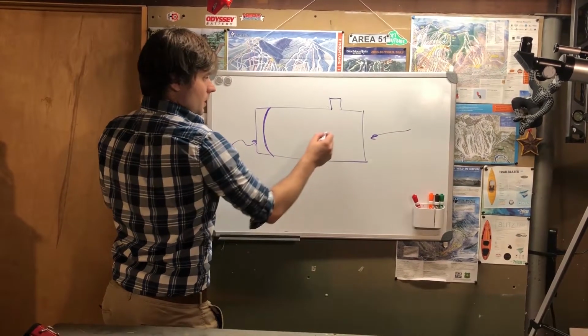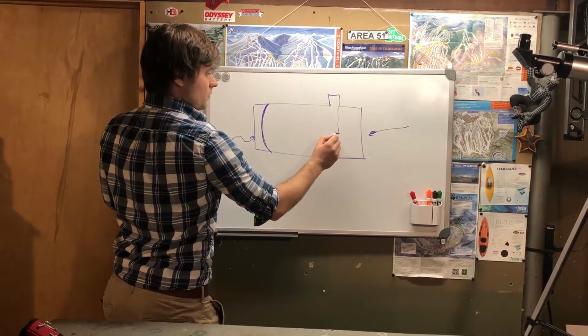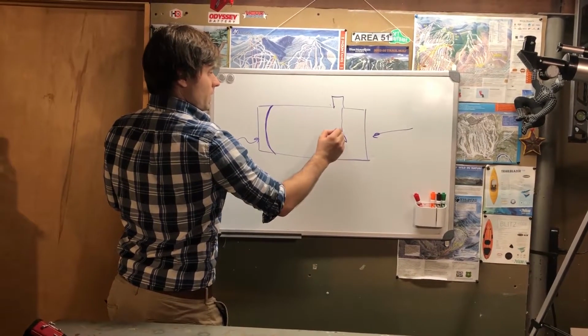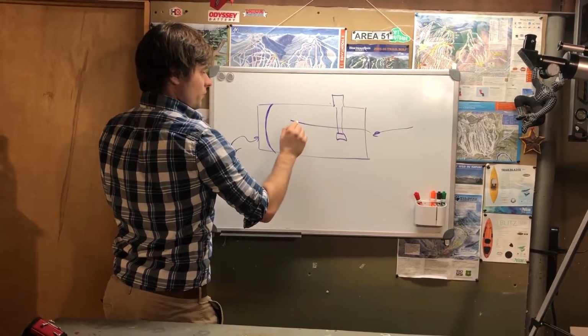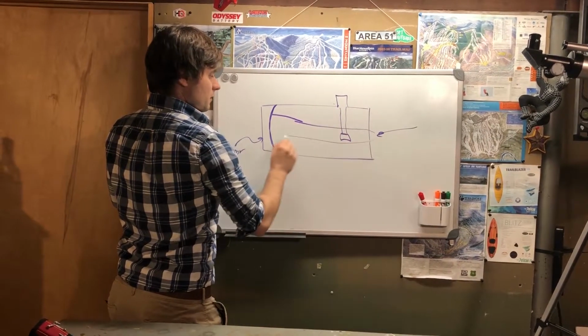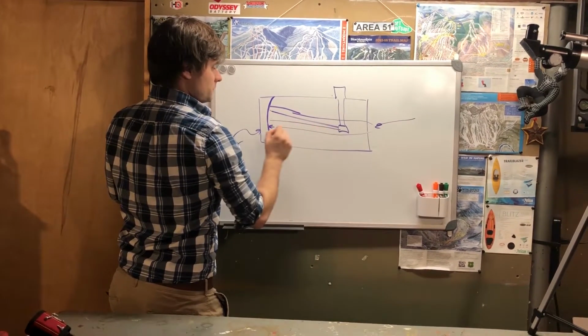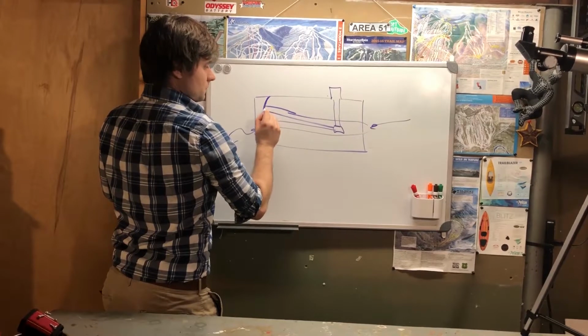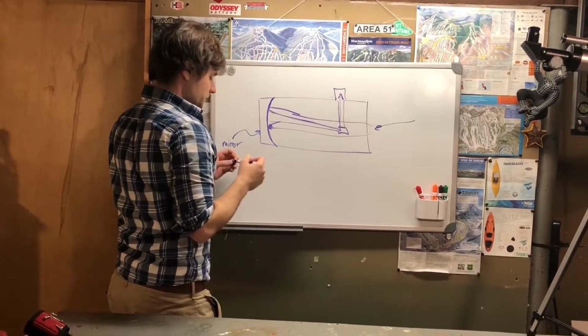All right? And then in the center of the telescope, you will have a secondary mirror. So light's going to come in, reflect off of the back of the mirror, onto the secondary mirror, kind of like that, and out into the eyepiece.